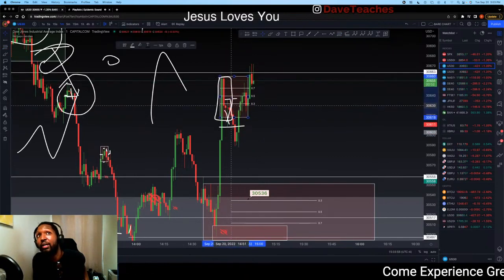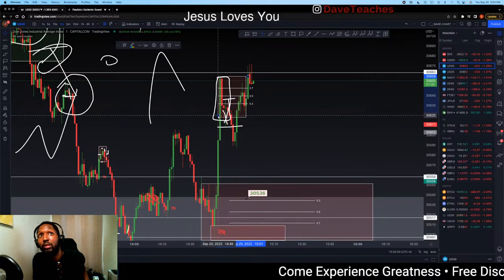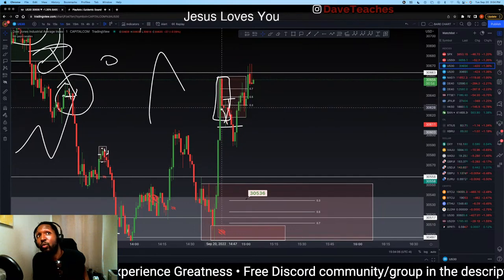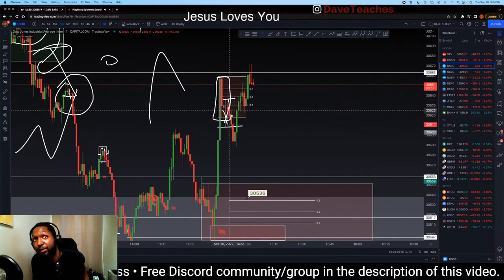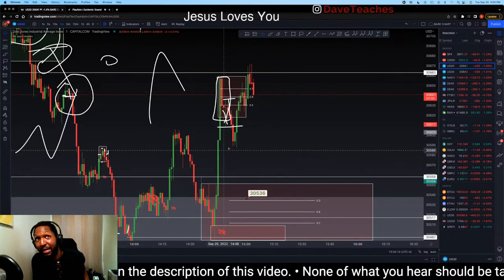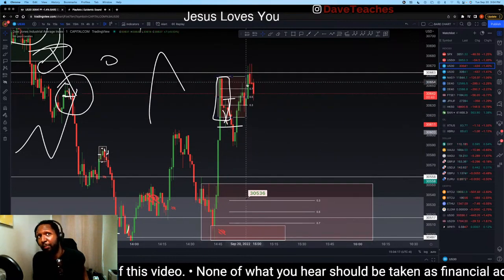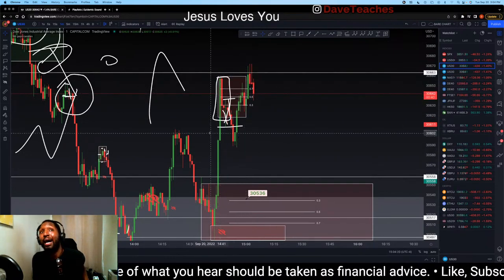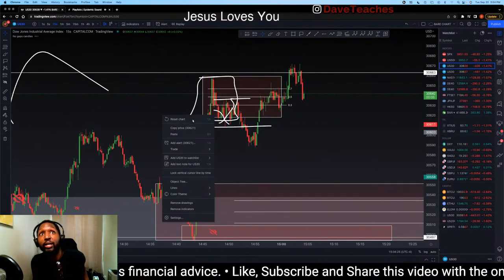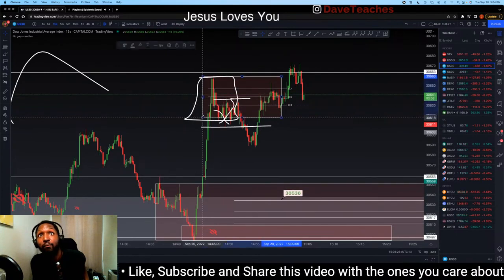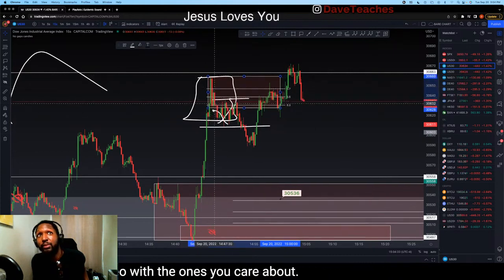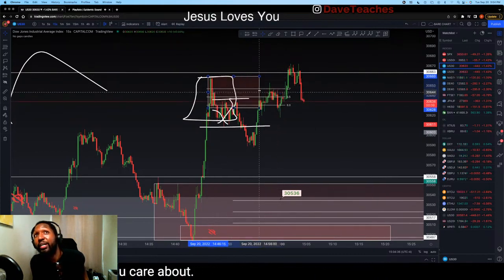Within our institutional area, we got a pullback to the 30%, and then what? We shorted. We ran this low, took out this low. We tapped into this imbalance, and then you saw a push up back into this area. Now, granted, as large as this candle is, there's a hidden S&D present here. You see this large candle? Hidden S&D in here. So what do we usually get with hidden S&Ds?